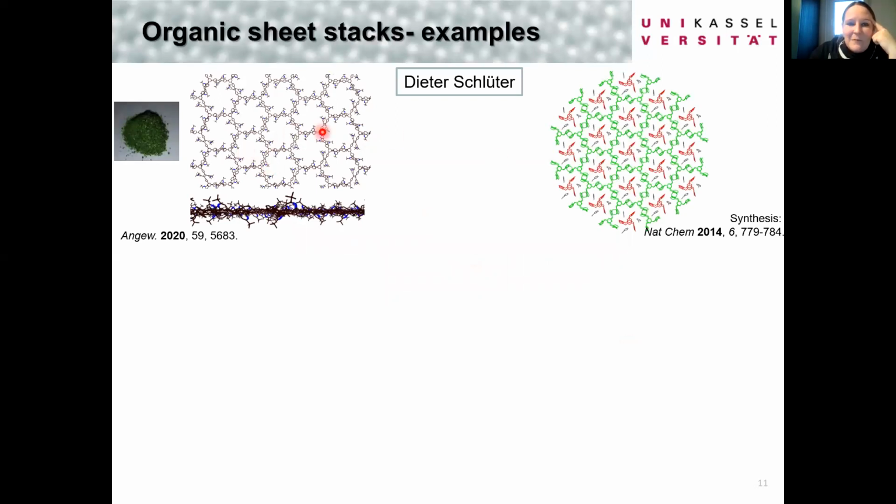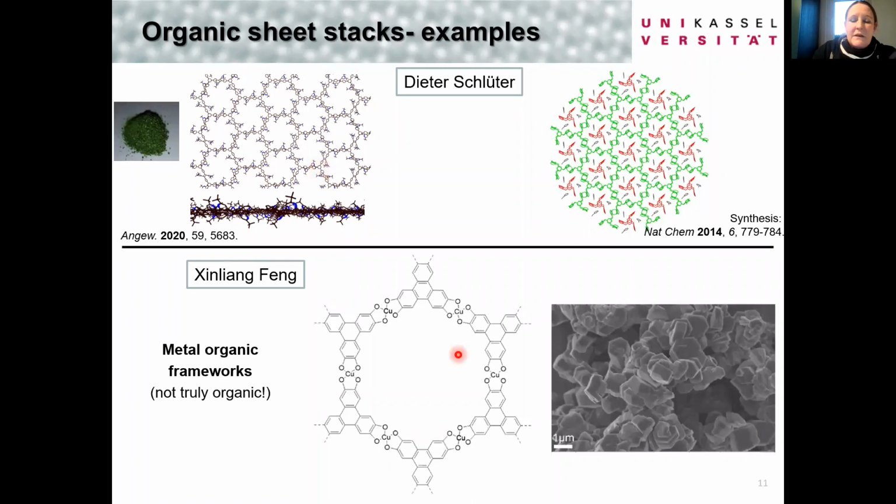Here are 2 examples. These are so-called 2D polymers made in Dieter Schlüter's group in Zurich. These are actually very interesting structures. They're porous, and they come as van der Waals crystals, so to say. There are other examples. For example, from Dresden, we received this one from Xinliang Feng's group.